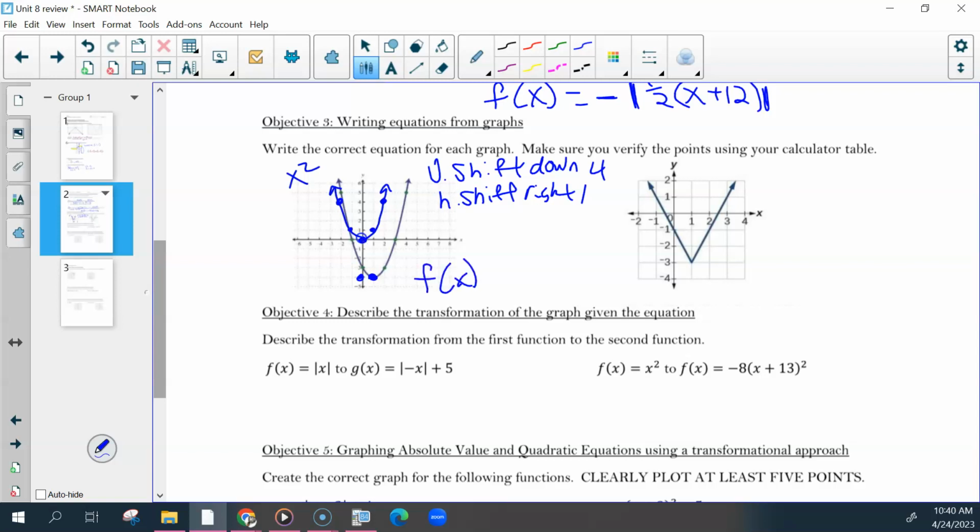So then we can write our equation. f of x equals, our vertical shift down is going to be written on the outside, at the end, and the horizontal shift on the inside. We didn't see any reflections or vertical stretches or compressions, so your A value is still just 1. You can write that, you don't have to. How would we write that it went to the right one? x minus 1.